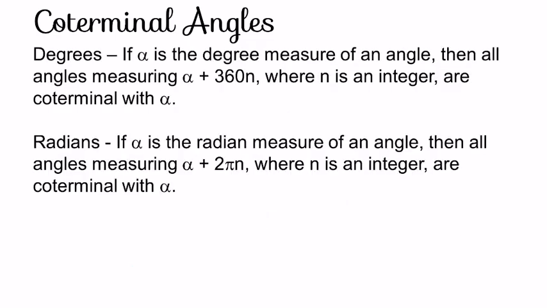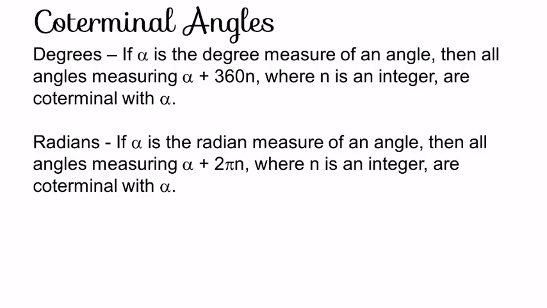Okay, so here's the rule on coterminal angles. If the angle is in degrees, it says if alpha is the degree measure of an angle, then all angles measuring A plus 360 n, where n is an integer, are coterminal with A, or alpha. So all that means is that we can add 360 degrees, we can subtract 360 degrees an infinite amount of times, and that will continue to give us coterminal angles.